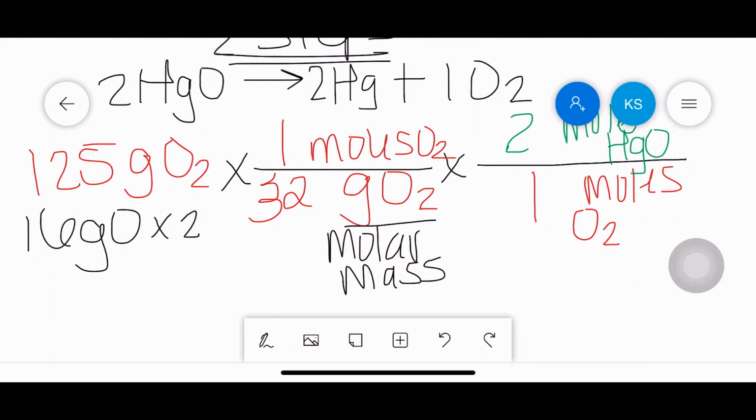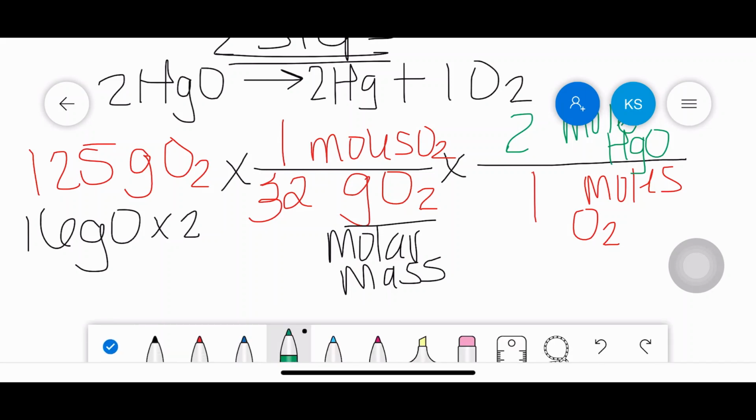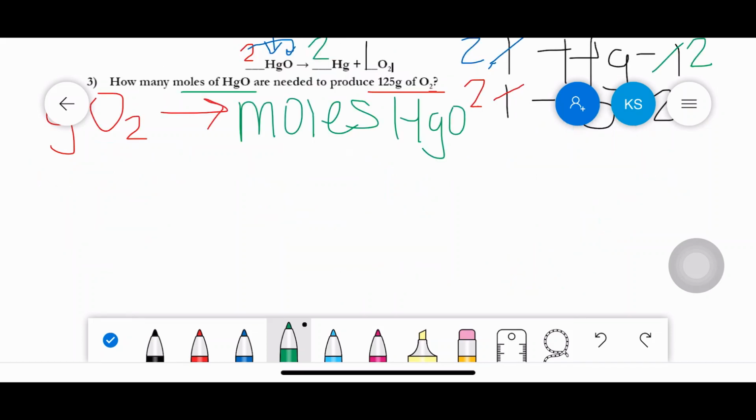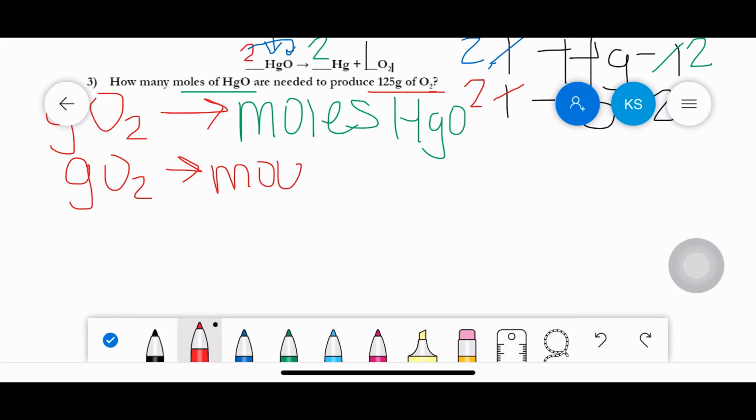So if we break this down further so that we can see both our steps, we have our first step, which is going to consist of going from grams of O2 to moles of O2.